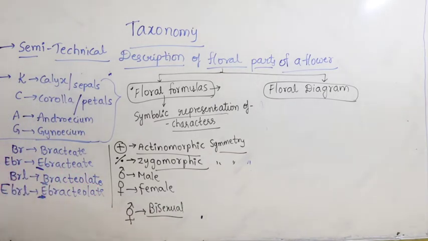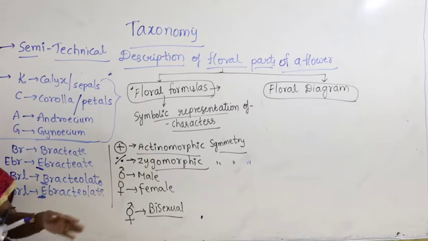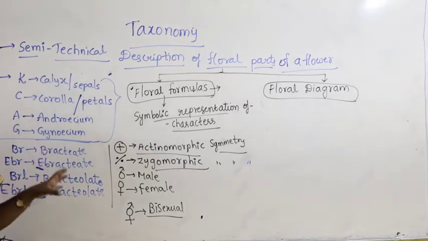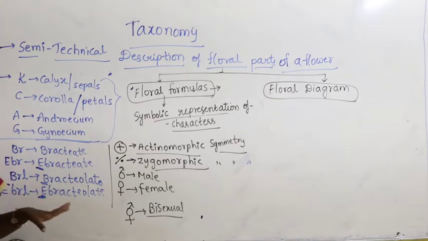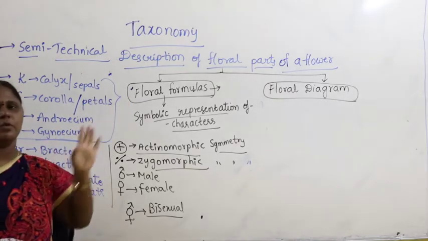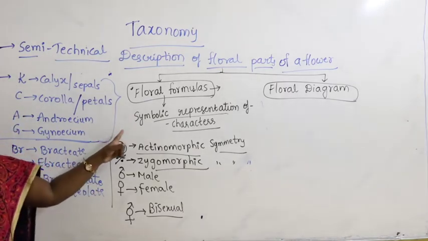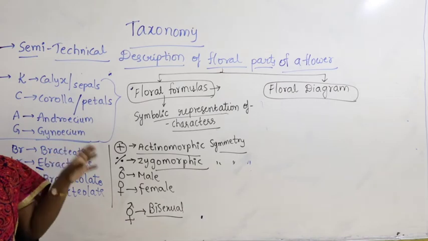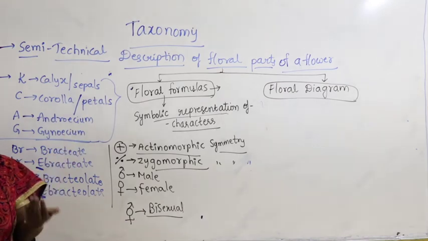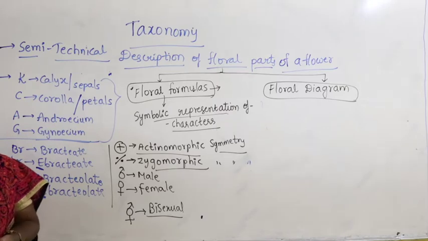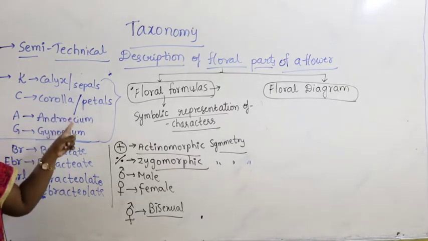So why am I writing these characteristics? Because these characteristics are very, very important. For every plant, we have a specific floral formula. According to the floral formula, what we write in the form of symbols, that symbolic representation will help us understand all the characteristics of a plant, mostly the floral characters.